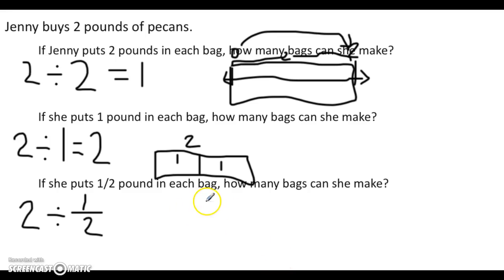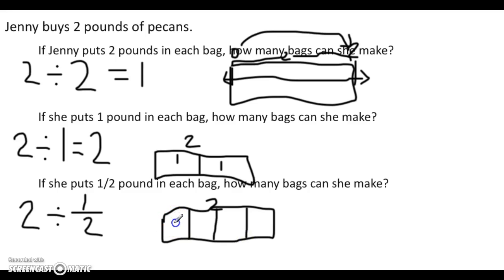Okay, well, what does that mean? My whole is still 2. And if I look up at my number model from before, be patient with me, guys. It's not easy to draw this on the computer. I had 2 groups of 1 pound each. So I still have those 2 groups of a pound, but now I need to split those further.